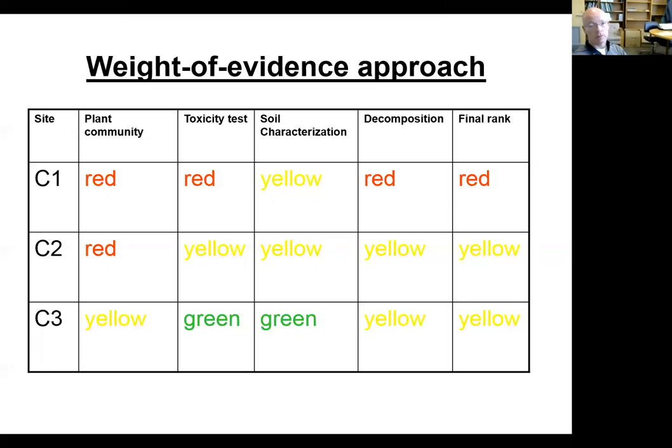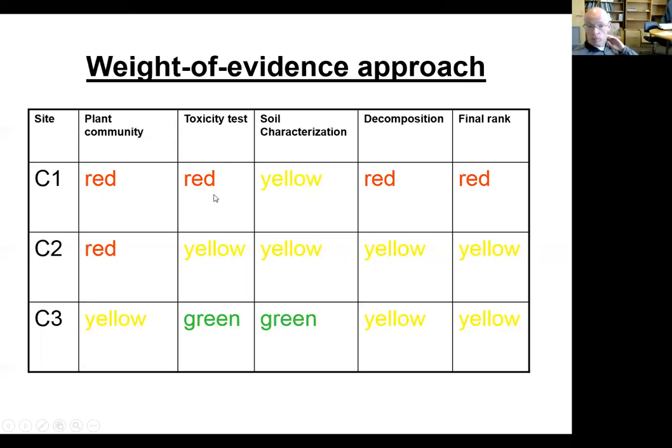And so in terms of the plant communities, C1, C2, C3 would be different sites. In this case, the plant community was very impacted. It was very unlike what we saw in the reference sites. So it was red. It was clearly not a functioning plant ecosystem.